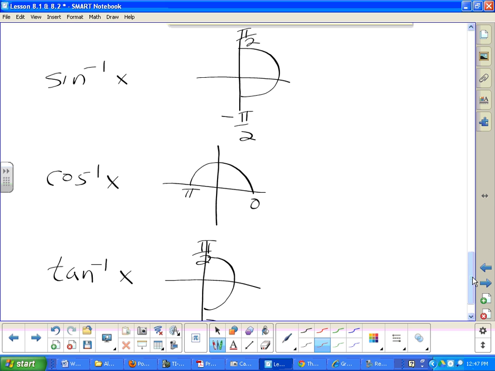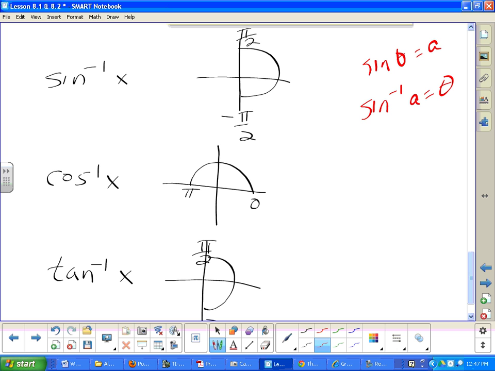So we're talking about inverses once again. That means if I have the sine of theta equals some number a, here I'm doing the sine of an angle, I get a ratio. When we're doing inverses, the inverse sine of the ratio gives me an angle.